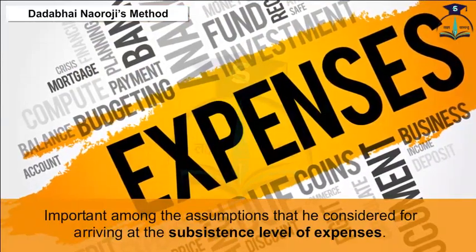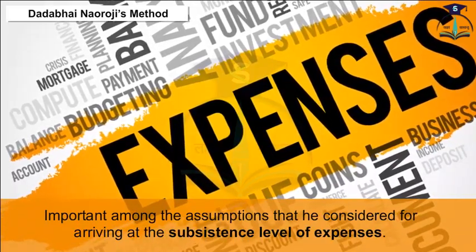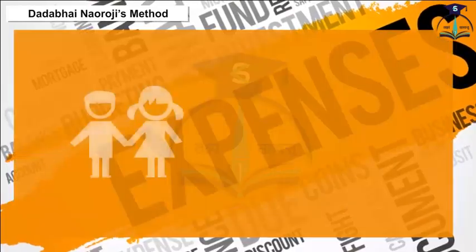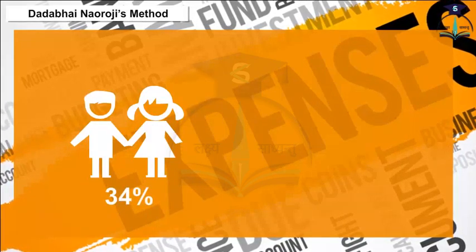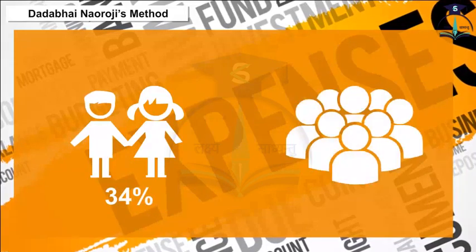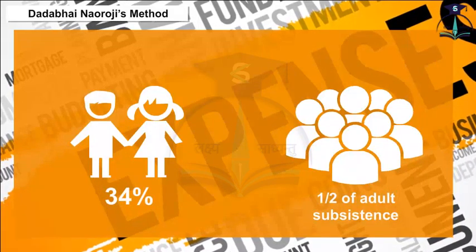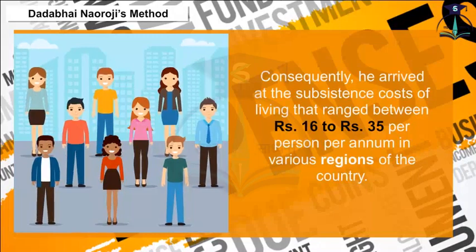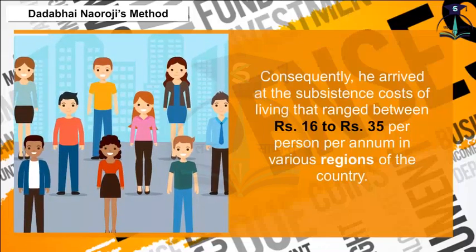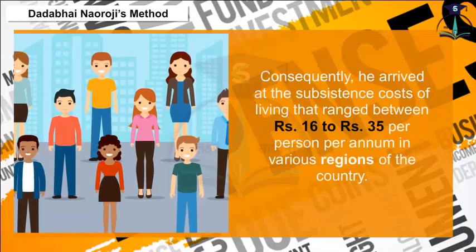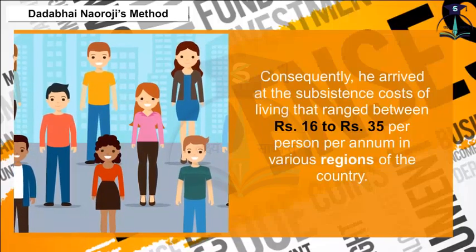Important among the assumptions that he considered for arriving at the subsistence level of expenses was that the children population, about 34%, did not cost anything, and the remaining half cost one half of the adult subsistence requirements. Consequently, he arrived at the subsistence cost of living that ranged between 16 rupees to 35 rupees per person per annum in various regions of the country.